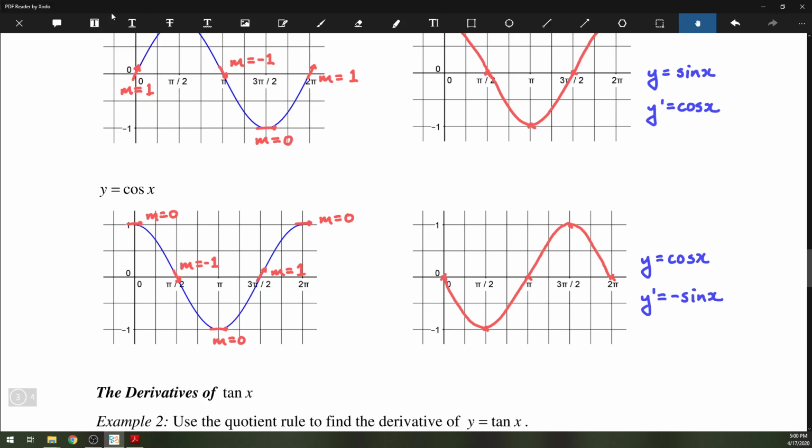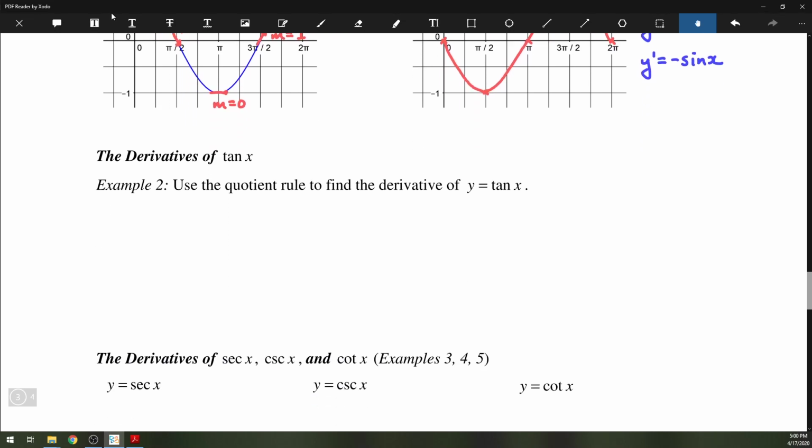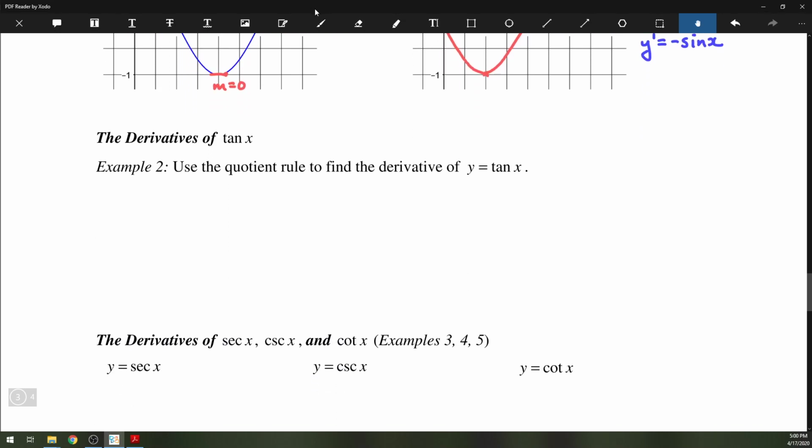Very important distinction there. So using those two derivatives, we can find the derivatives of other trig functions, using the quotient rule mostly. We start with tangent. So using the quotient identity, I know that y is equal to sine x over cosine x if it was tangent x to begin with. Then for the derivative, we can use the quotient rule here.